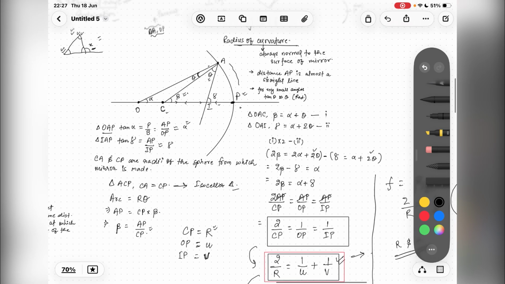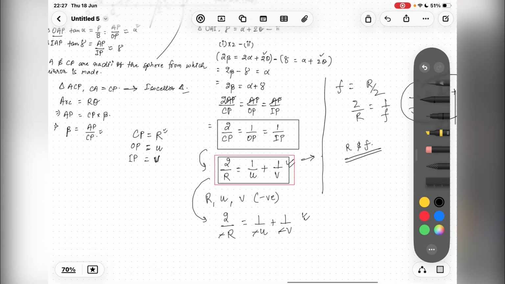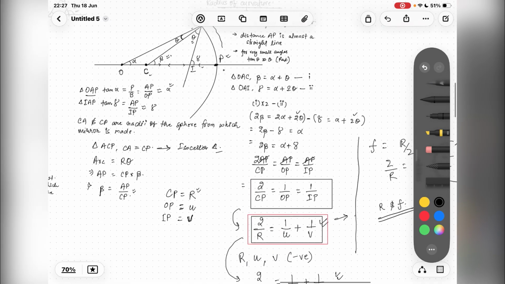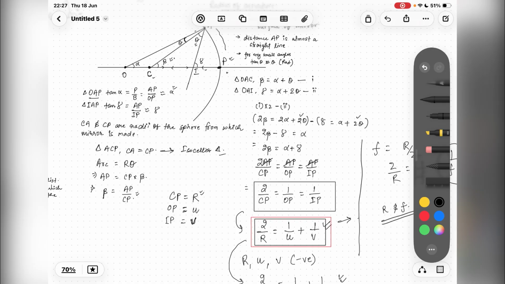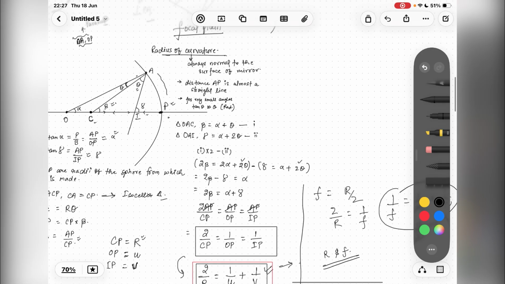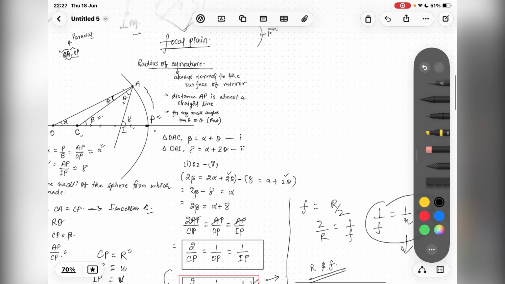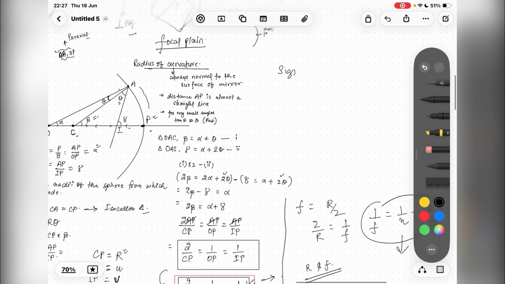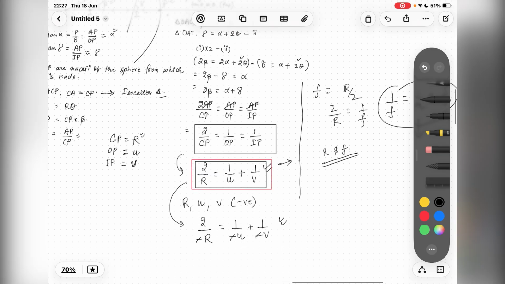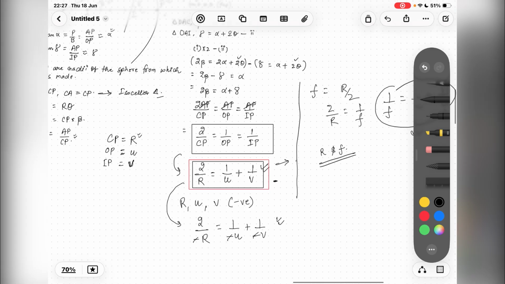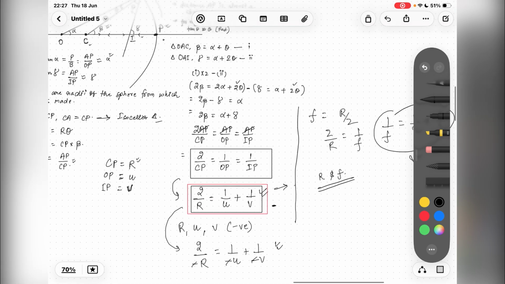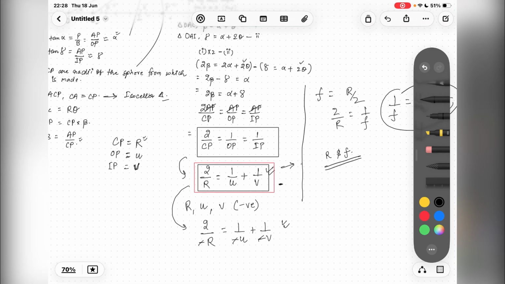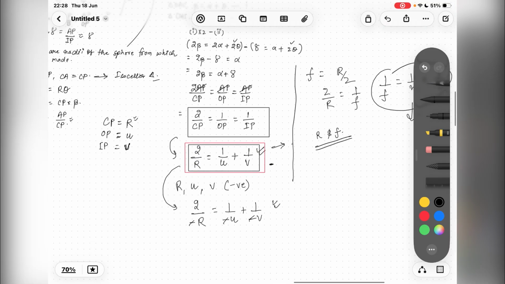So some of you may ask, is it universal? Will it work in every case? Yes, because we have kept in mind the sign convention, and we have derived this result according to sign convention. So it will be applicable in case of any type of mirror or any type of situations.